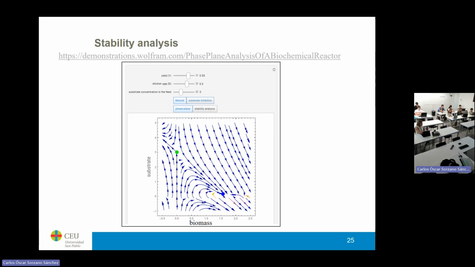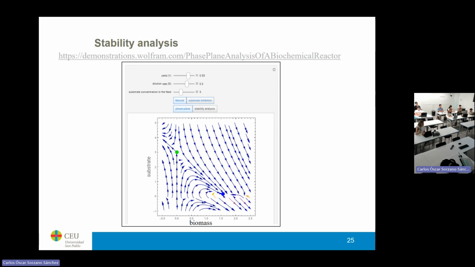But there are stable points that are... I'm showing here the gradient. So this point here, if I move a little bit away from it, what will happen? We'll go back to the same point.